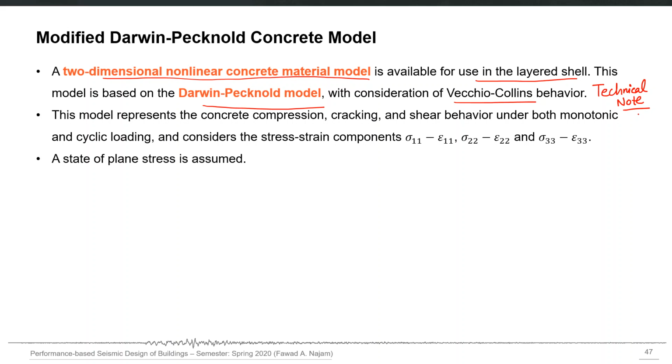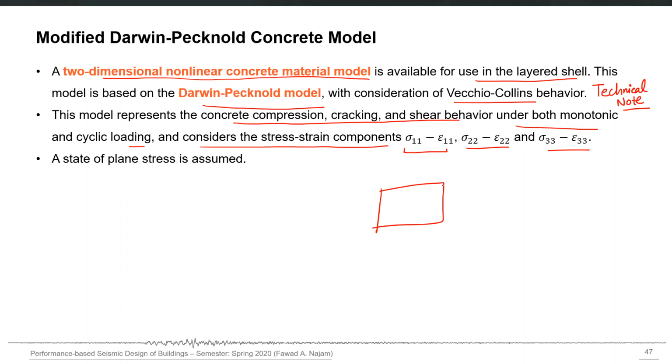Basically, why is it called two-dimensional? Because here it represents the concrete compression, cracking and shear behavior under both monotonic and cyclic loading, and considers the stress strain components sigma 11, epsilon 11, 22 and 33 also. So if you have a particular material which is a flat area element, in both of the directions the nonlinear stress strain behavior is considered.